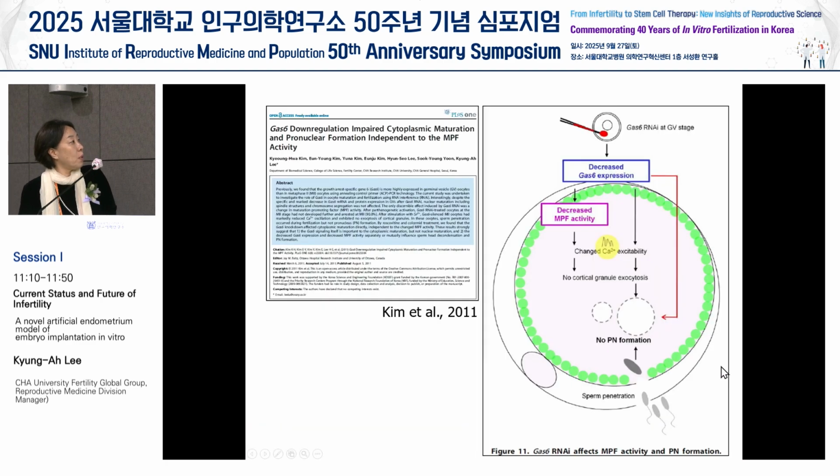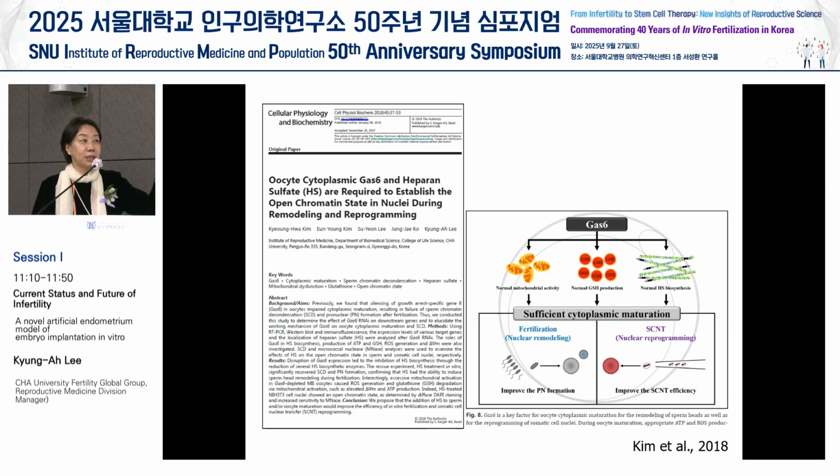So Dr. Kim at the time found that without GAS6, the MPF activity is decreased, and calcium oscillation was also abnormal. So pronuclear formation didn't occur. She came back after 2 years of postdoc in another laboratory and continued the GAS6 experiment.